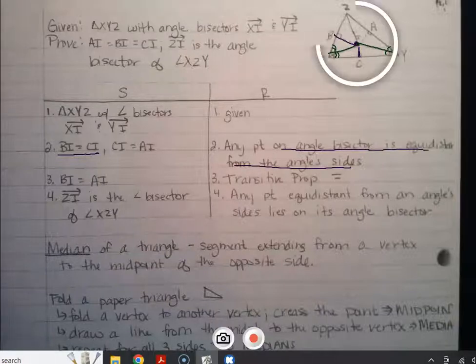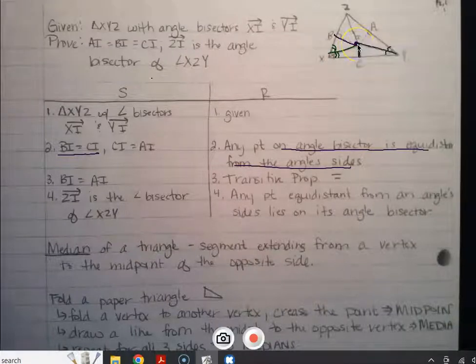And we know this is the angle bisector because we know that XI and YI are angle bisectors. So we know this has to be equidistant.